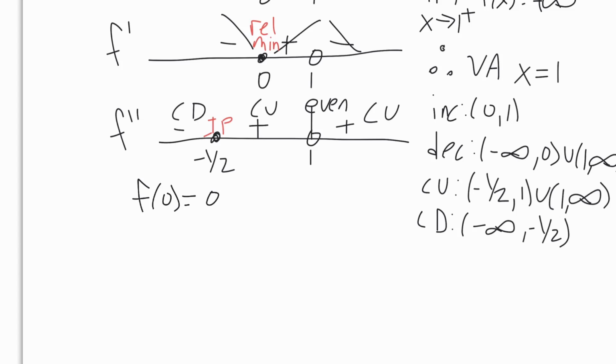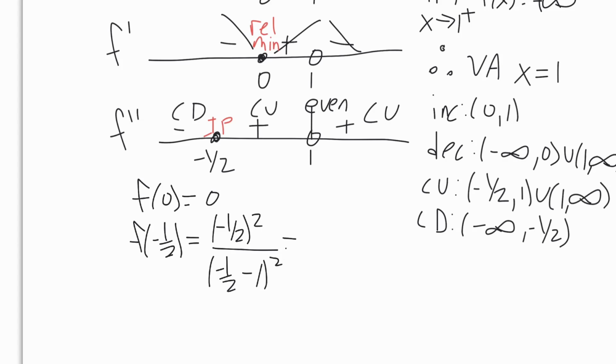But we don't know what f of negative 1/2 is, and we're going to need that value so we can figure out where to put the inflection point. So we plug it into the function, and we get the following: negative 1/2 squared over negative 1/2 minus 1 squared. In the top, that gives us a quarter.